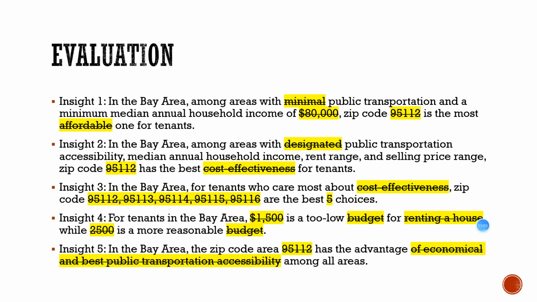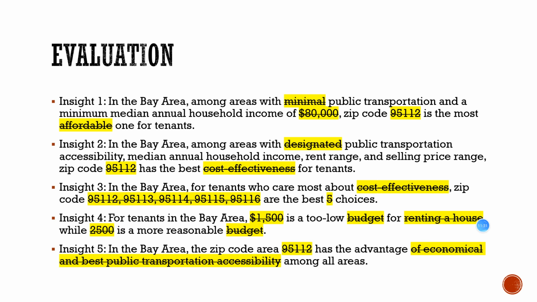Then for insight one, they can say in the Bay Area, among areas with maximum public transportation and a minimum median annual household income of 100,000, because they want to live in a better area with better public transportation accessibility.